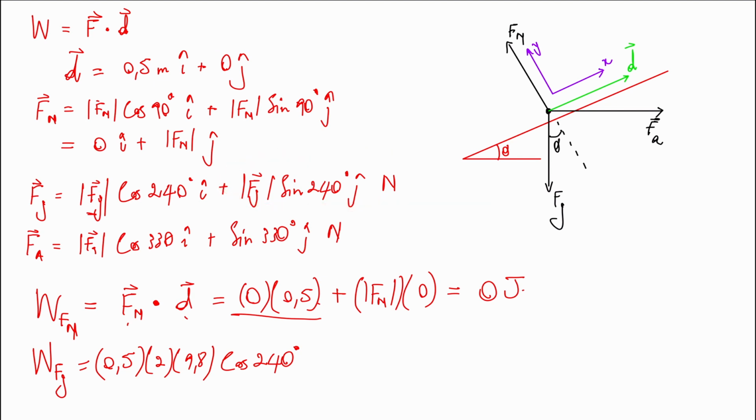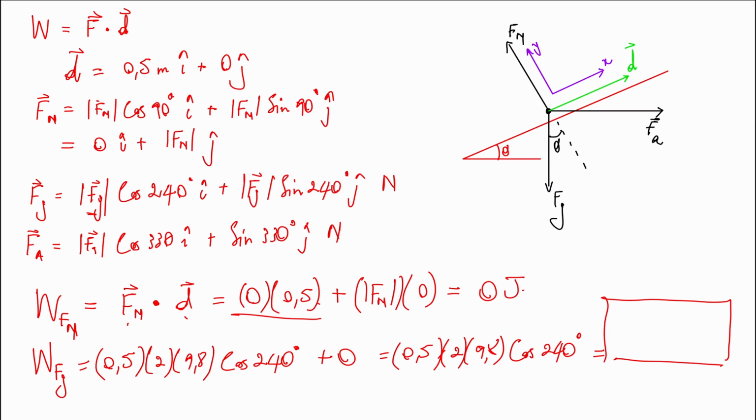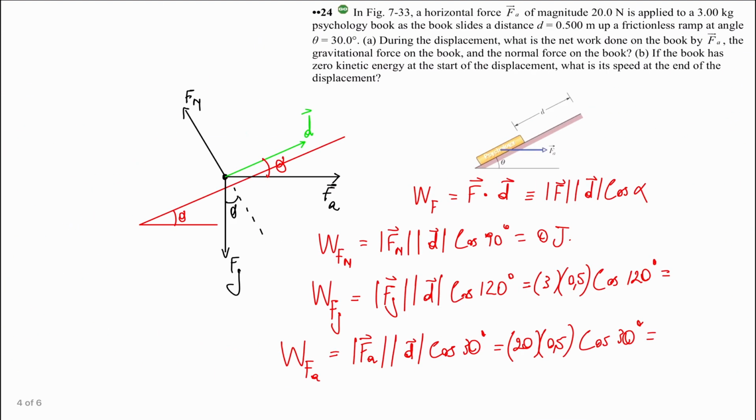But those are just going to give us 0, which means the work done by the force of gravity in this case is going to be 0.5 multiplying 2 times 9.8 times cosine of 240. Now I leave it to you to confirm that what comes out of here is going to be the same as what comes out of here.